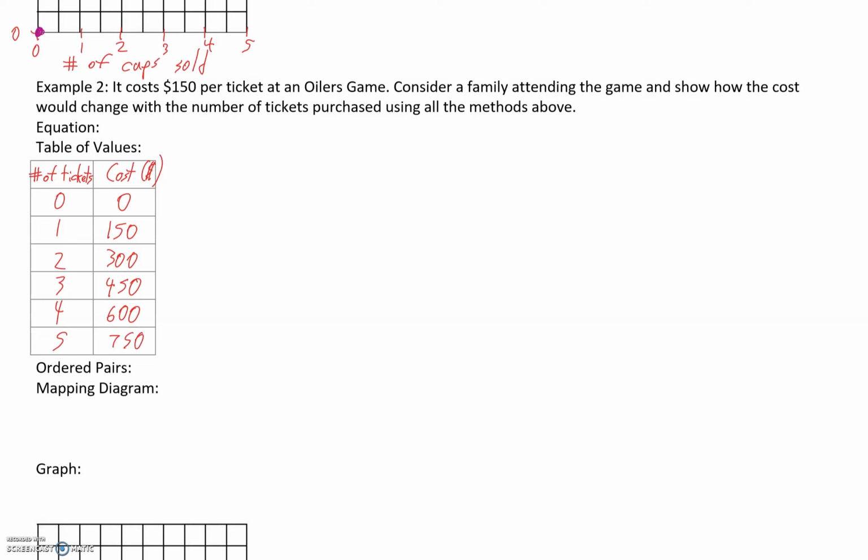Okay, so if we look at the change, right? We think about the change in X and the change in Y. So the change in X is 1, change in Y is 150. So rise over run, well, it's just 150. Okay, so putting it into an equation, we go cost equals 150 times the number of tickets, and I'll just put capital T for tickets.